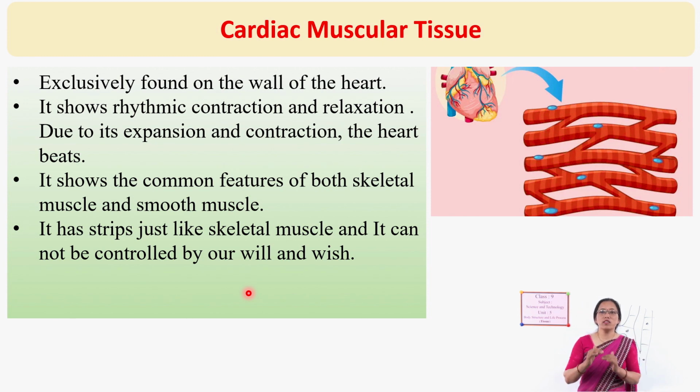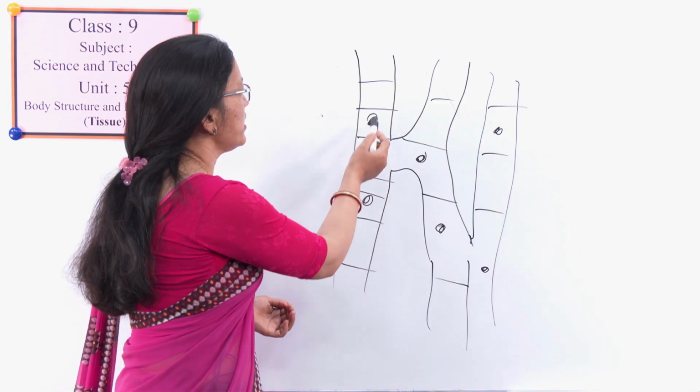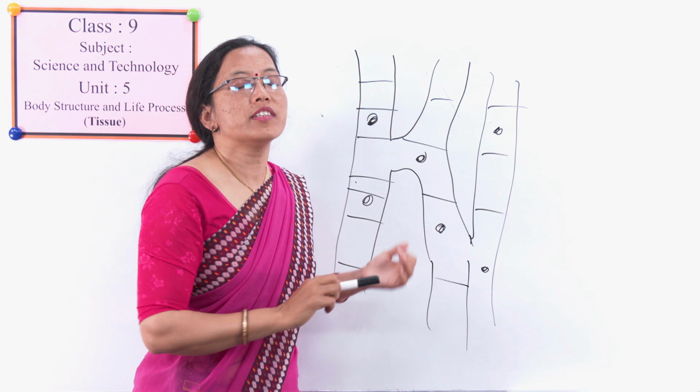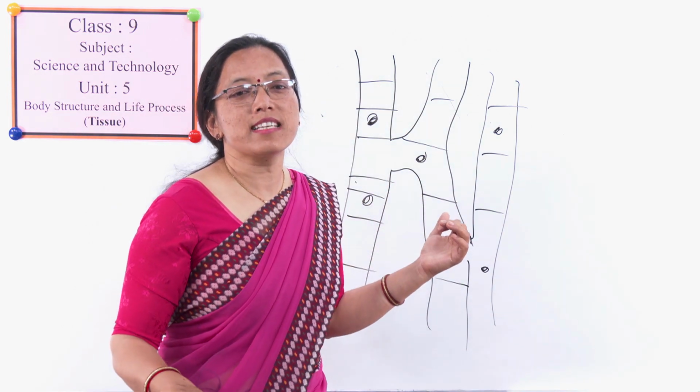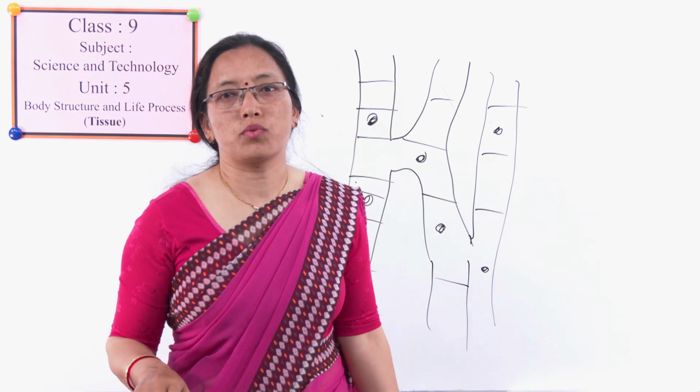It is continuously working. These heart muscles are not under the control of our will and wish, because of that these are also called involuntary muscles. And just now we have seen the structure here. In one cell there is a single nucleus, and the single cell also has branches.